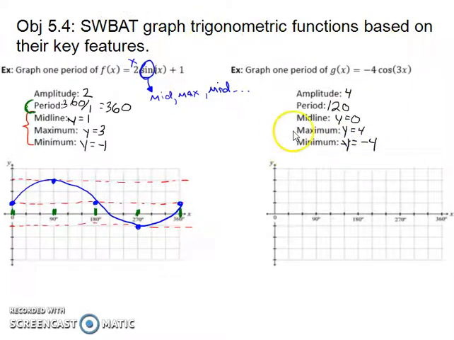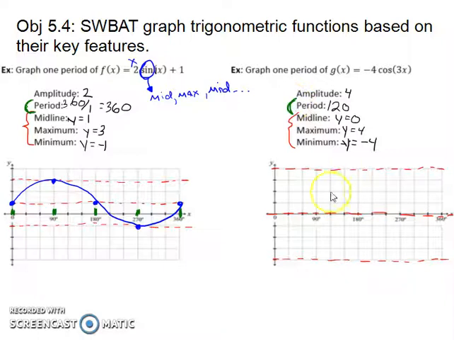So I'll do the same thing. I'm going to start by graphing these three things. Now 0 is the x-axis, so that's already there, but I'm still going to put a line there. The max and min are, for this graph, the very top and the very bottom. And then the period is only 120.